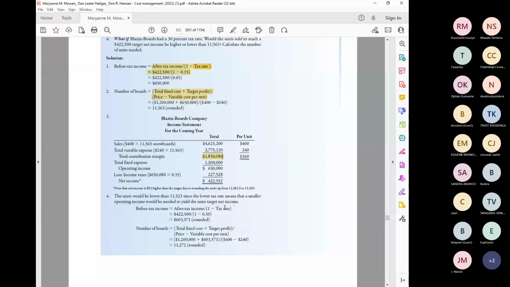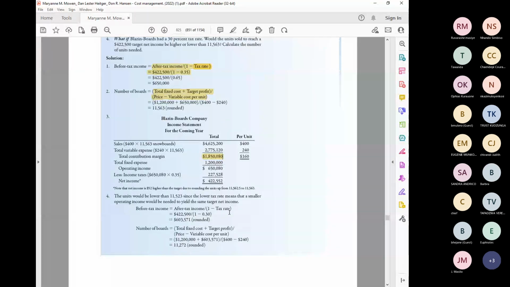All right. So before tax income equals after tax income divided by 1 minus tax rate. So it equals 422,500 divided by 1 minus 0.3, which equals 603,571.